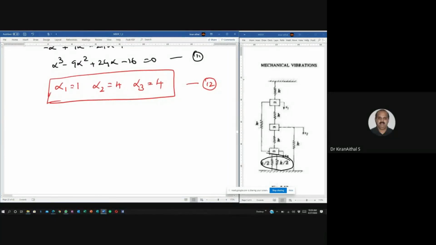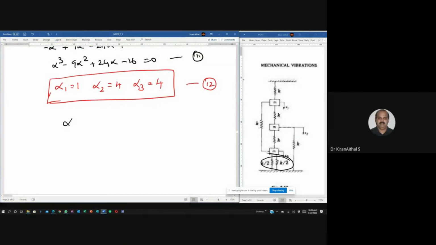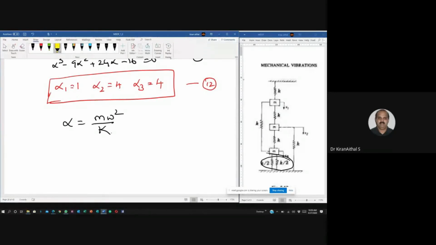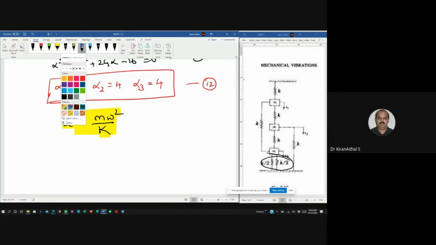So what is alpha here? What is the assumption we made? Alpha is equal to m omega square by k. This is the assumption we made, correct or not? Now let's start with the first case.